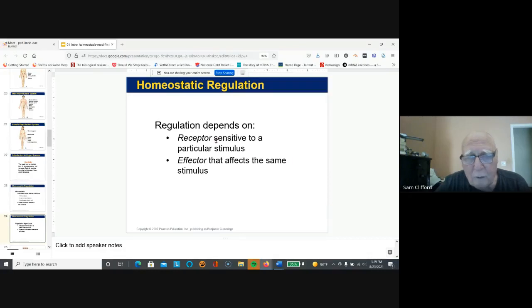So we have to have receptors that tell us what our temperature is, tell us what our ionic concentrations are, and an effector that implements balancing. So we want to be around 37 degrees centigrade. So we have heat receptors and then we have muscles and shivering to maintain our temperature.